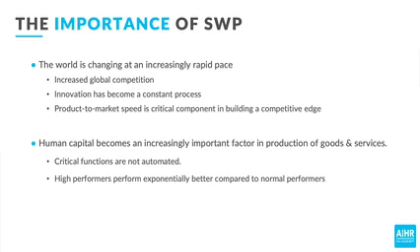Having superior performers will mean a way more cost-efficient way of running your business. So to summarize, high performers perform exponentially better compared to normal performers, and because of the increase in competition, a better fit between what the organization needs and what the workforce provides, which is what we talk about when we talk about workforce planning, is becoming more and more important.